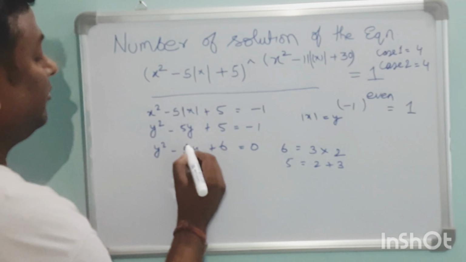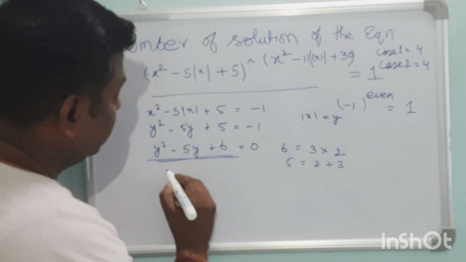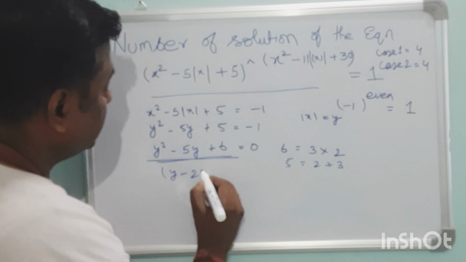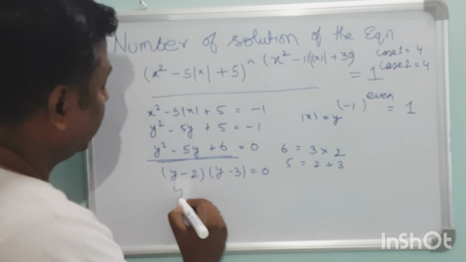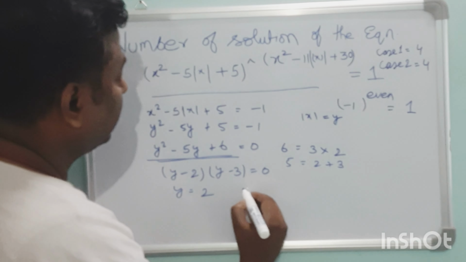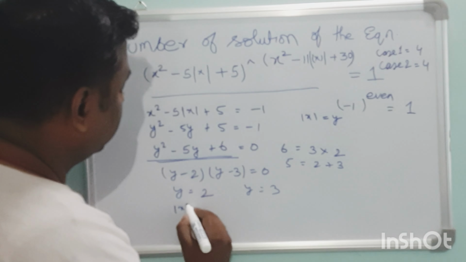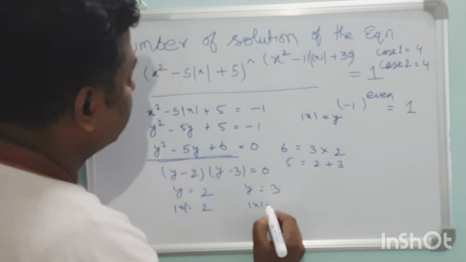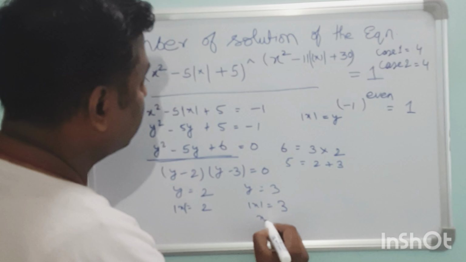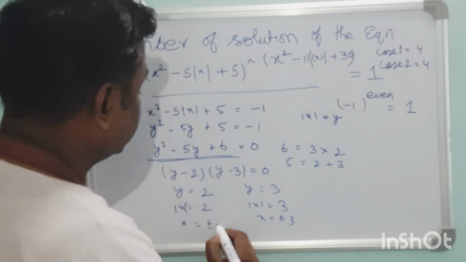So we can apply the middle term split. It will become y minus 2 into y minus 3 equals 0. So y comes to be 2 and y comes to be 3. So mod x is equal to 2 and mod x is equal to 3, so x is equal to plus minus 2 and x is equal to plus minus 3.